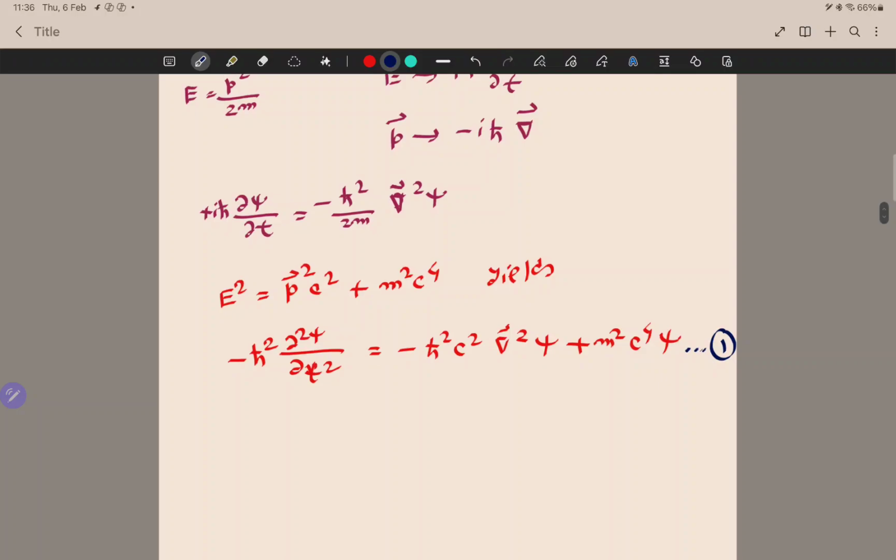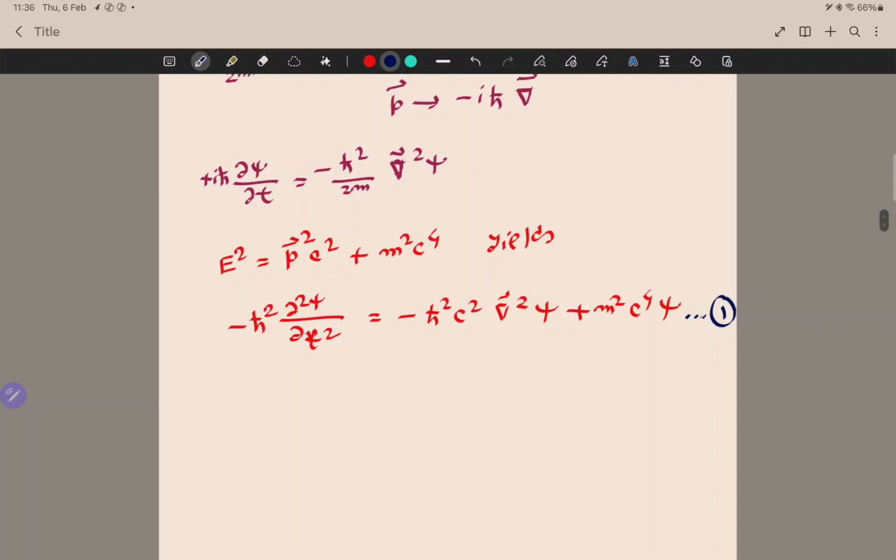And the above equation for the free relativistic particle has the plane wave solution of the form ψ of r vector and t equal to e to the power i(k dot r vector minus ωt).